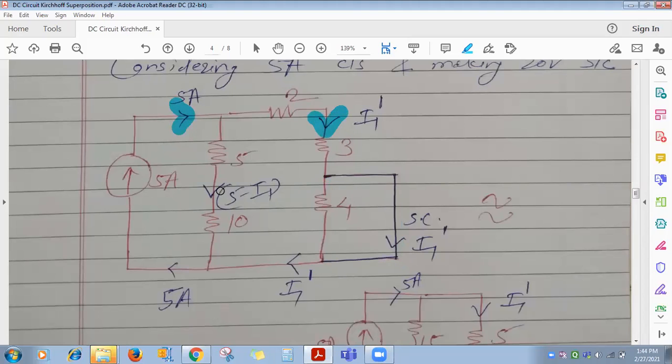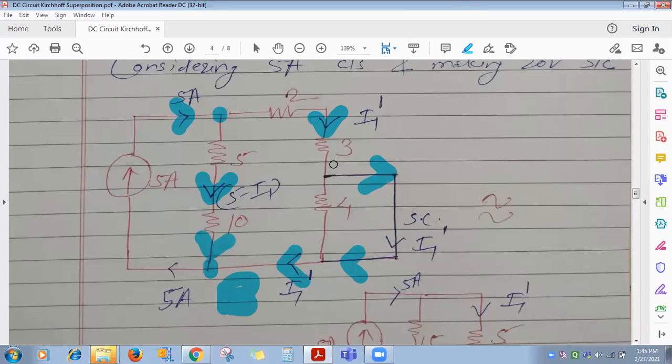If I1 dash is flowing like this through the 3 ohm, how much current will flow through the 5 ohm? See, 5 ohm is reached by 5 minus I1 dash, correct. 5 minus I1 dash will be downwards. Now this I1 dash will flow through the short circuit branch like this, and come up to this point. Now at node B, 5 minus I1 dash is coming, and from this side I1 dash is coming.